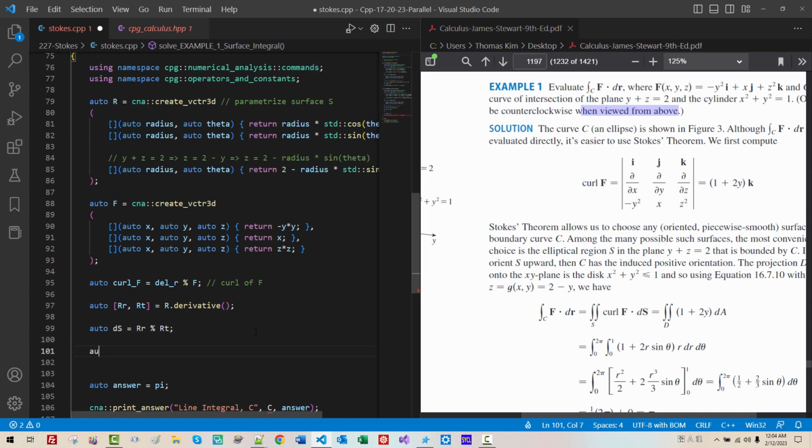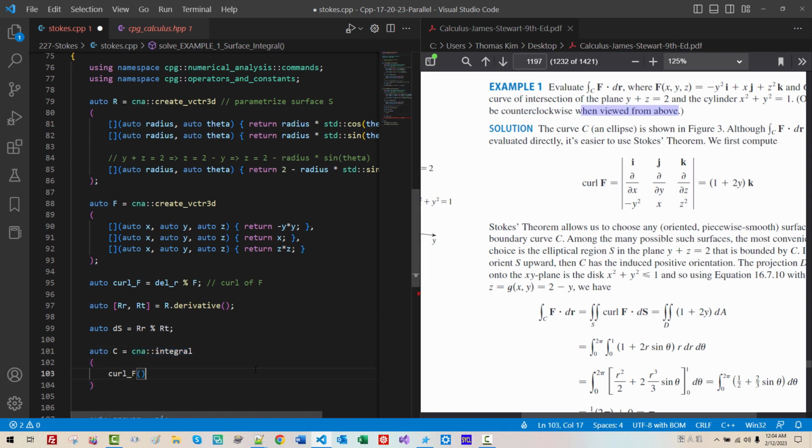Now the integral. It should be double integral because we are integrating over surface S. Our integrand is curl f.